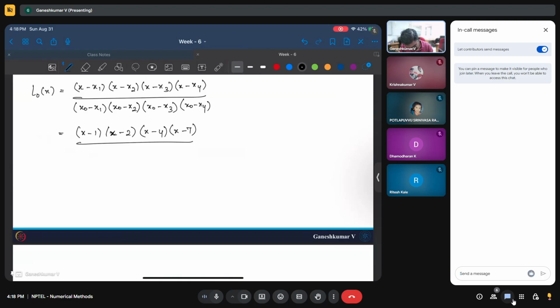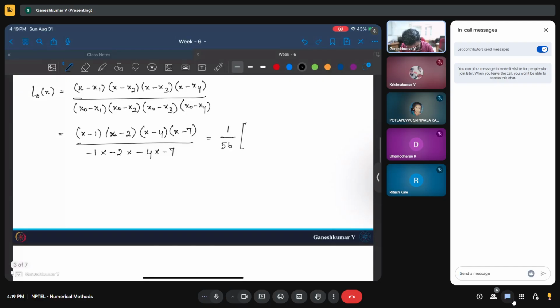So this is going to be 0 minus 1 is minus 1, 0 minus 2 is minus 2, 0 minus 4 is minus 4, and 0 minus 7 is minus 7. So this is nothing but 2 4 8 56. So this is going to be 1 divided by 56 into x minus 1, x minus 2, x minus 4, x minus 7.